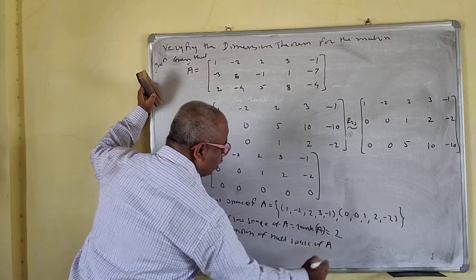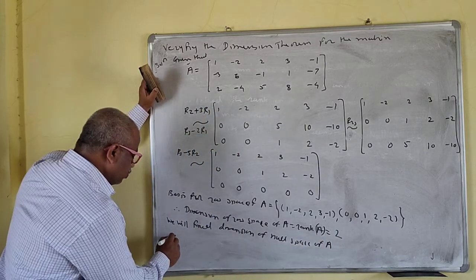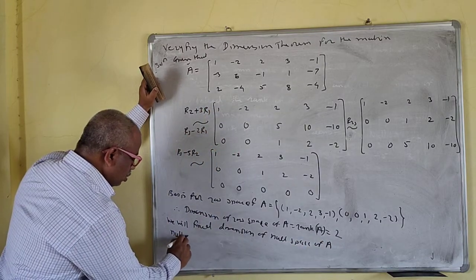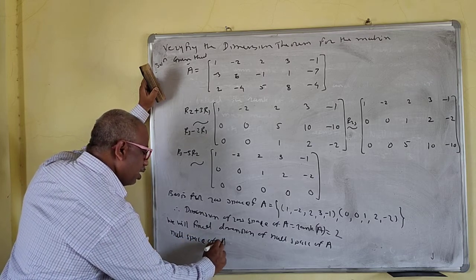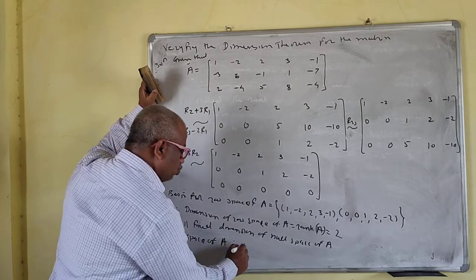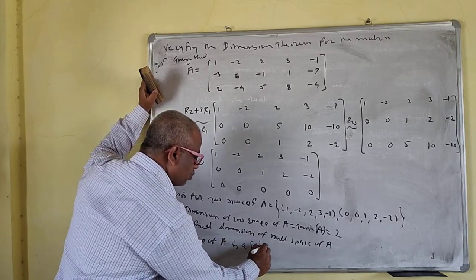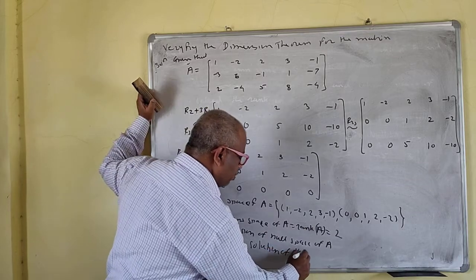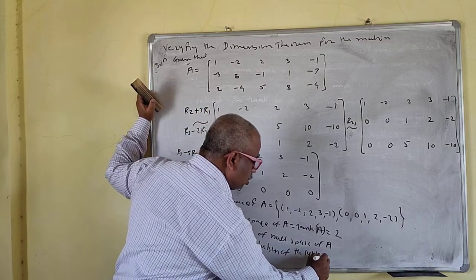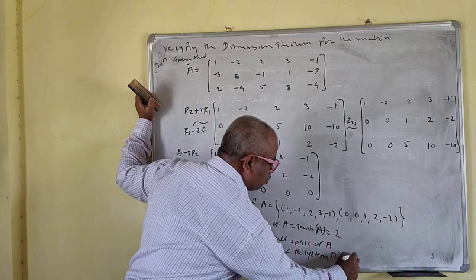Okay, so the null space of A is the solution space of the system Ax is equal to 0.